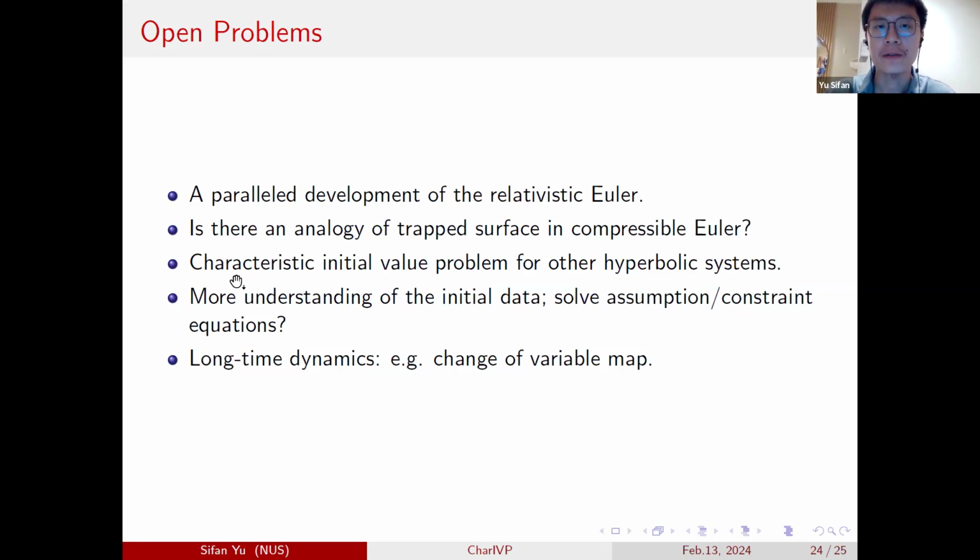The third topic is the characteristic initial value problem for other hyperbolic systems, for example Einstein-Euler or elastic waves. That will be very interesting.